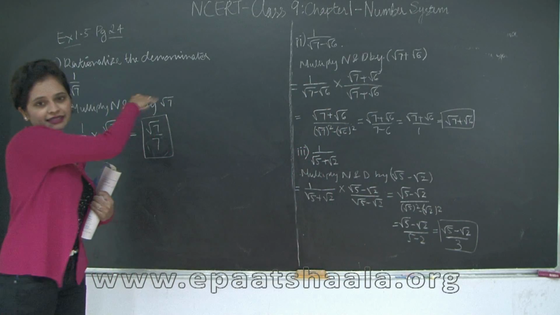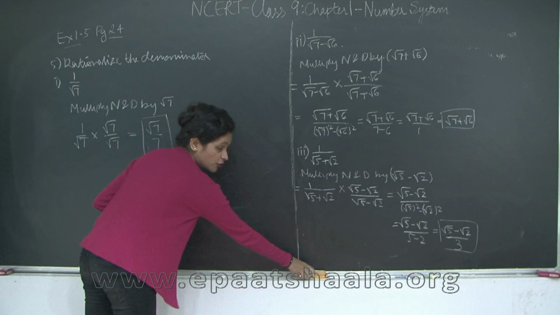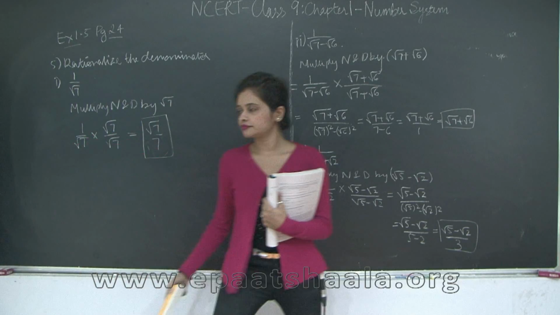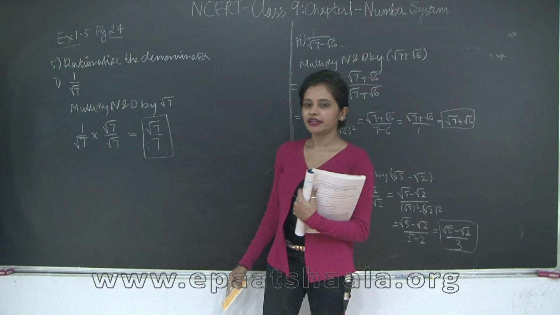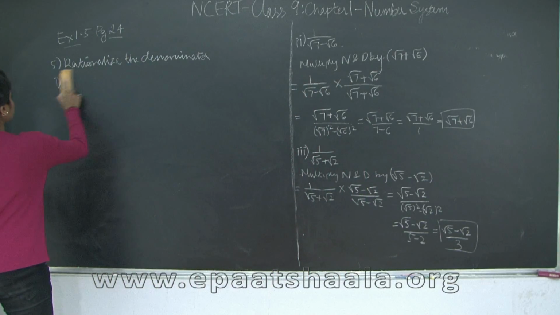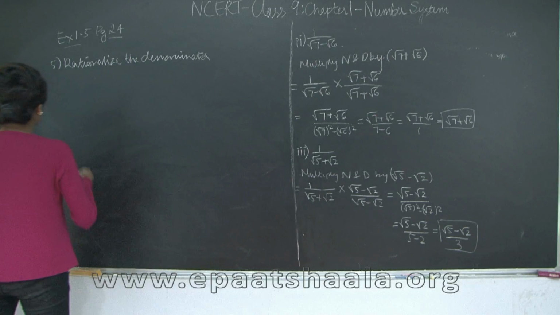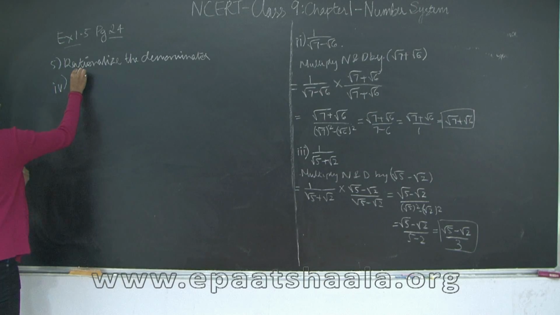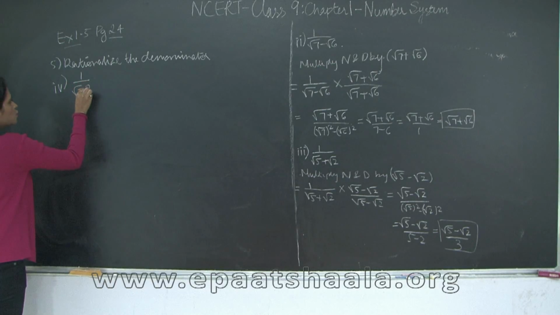Okay, I am erasing this section to do the last sum of your exercise. I hope you have taken a look at it. If not, please take a look. So the fourth sum, I need to rationalize 1 upon root of 7 minus 2.